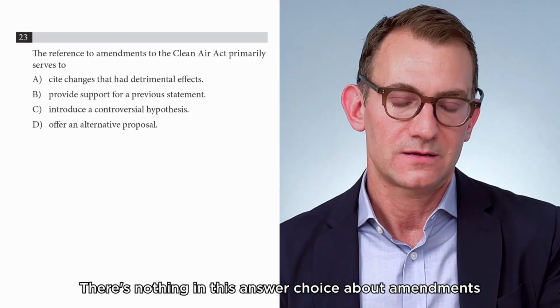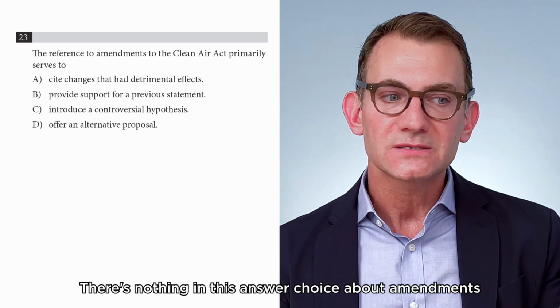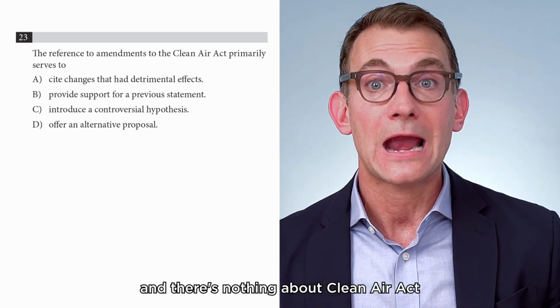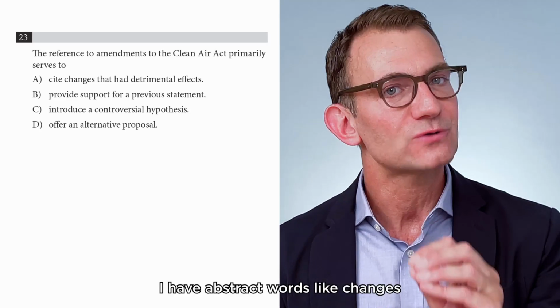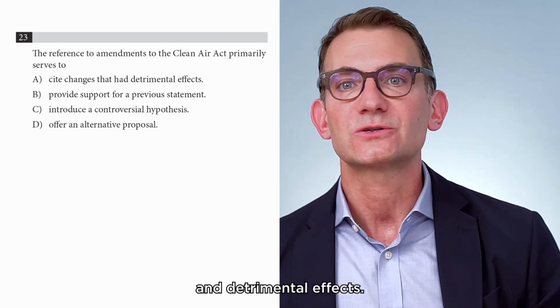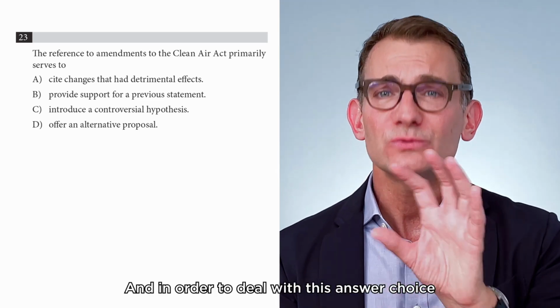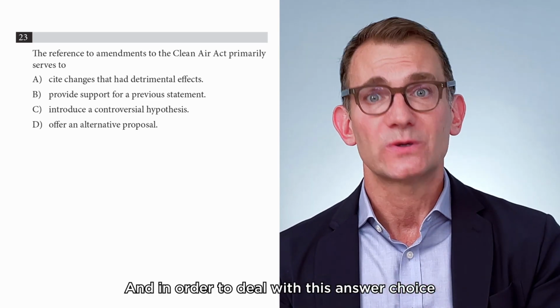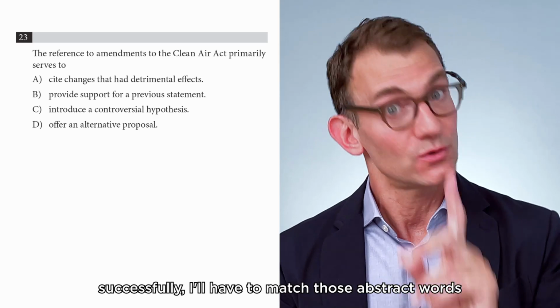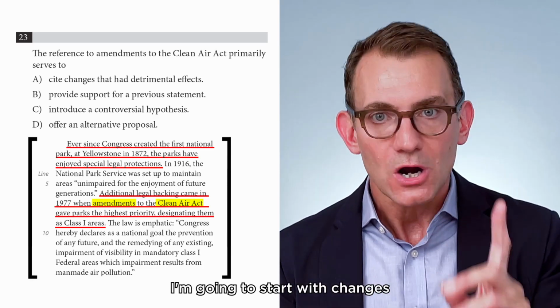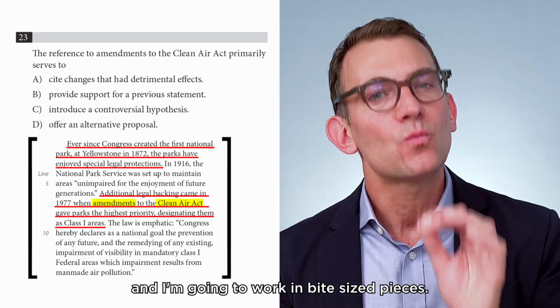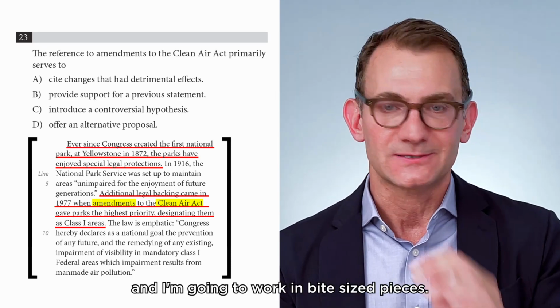There's nothing in this answer choice about amendments, and there's nothing about Clean Air Act or even special legal protections. Instead, I have abstract words like changes and detrimental effects. And in order to deal with this answer choice successfully, I'll have to match those abstract words back to specifics in the paragraph. I'm going to start with changes, and I'm going to work in bite-sized pieces.